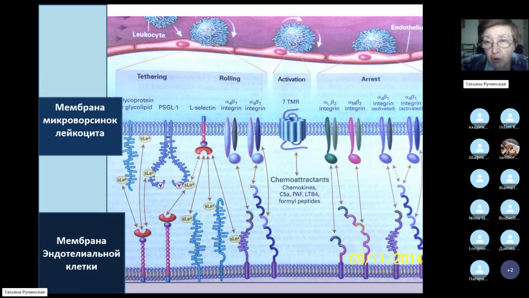Inside there is a macrophage, an activated macrophage. You see, there are the second and third macrophages, which are in a condition of rolling. You see?